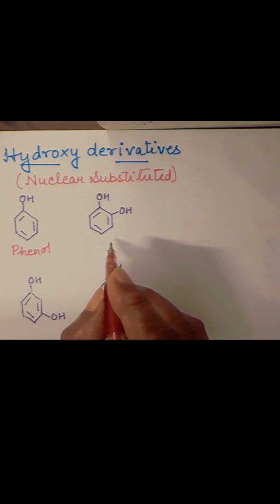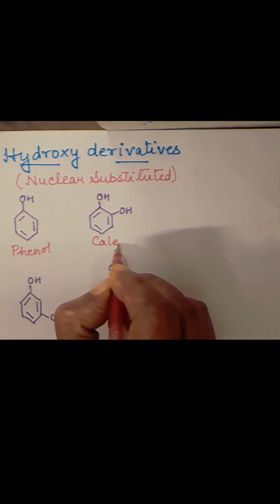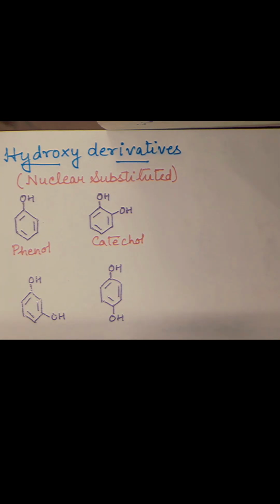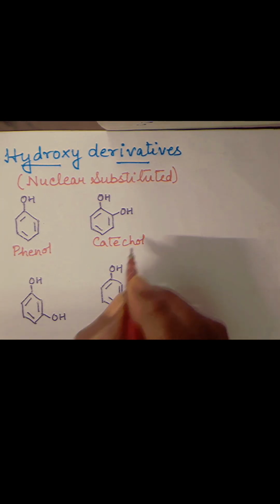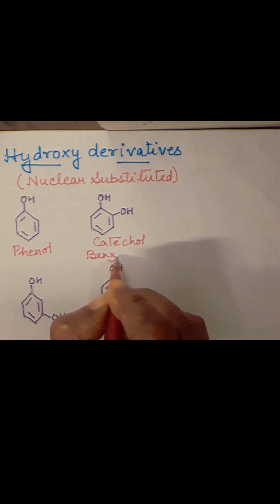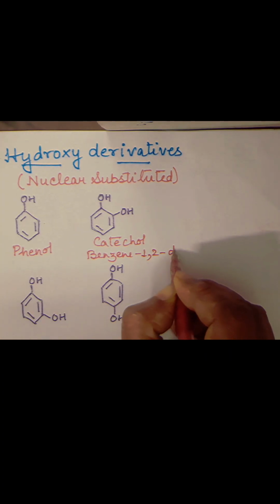This one, what will we call it? Catechol. And the IUPAC name of this would be benzene-1,2-diol.